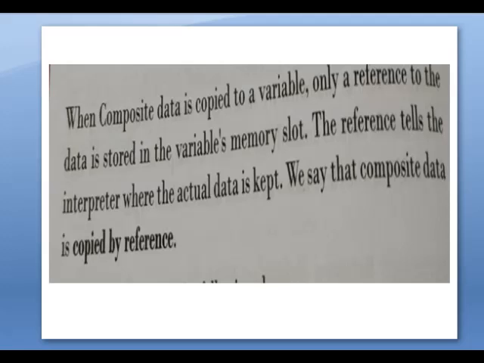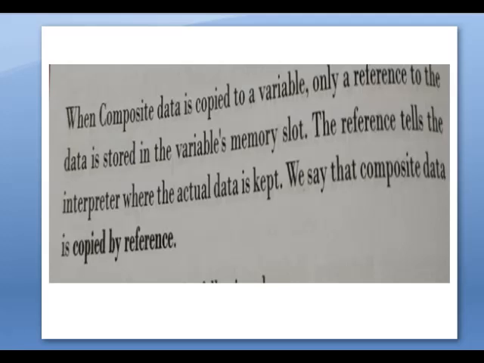This reference tells the interpreter where the actual data is kept. We say that composite data type is copied by reference, but the primitive data type is copied by value. Okay, so this is the main difference between the primitive data type and composite data type.